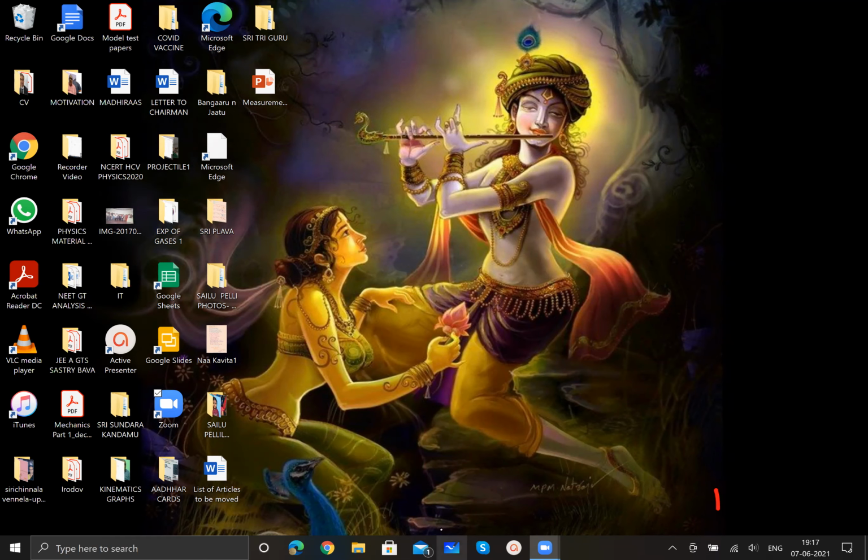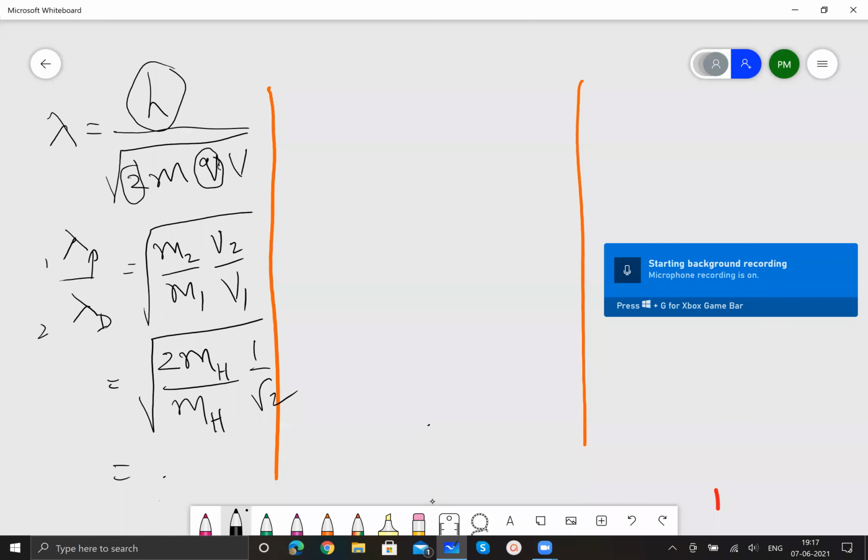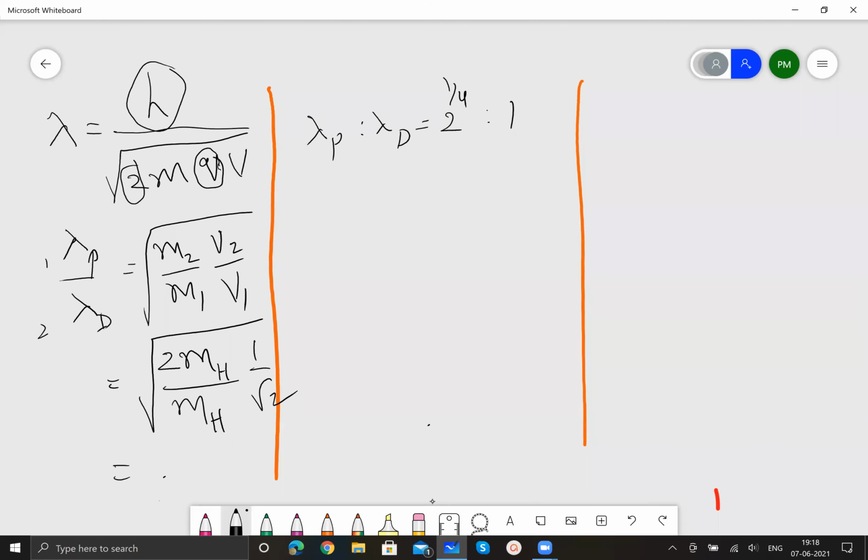Find the ratio of wavelength of proton. So how much? Lambda proton to lambda neutron is 2 to the power of 1 by 4 is to 1. Correct? 2 to the power of 1 by 4, can you tell me the value?